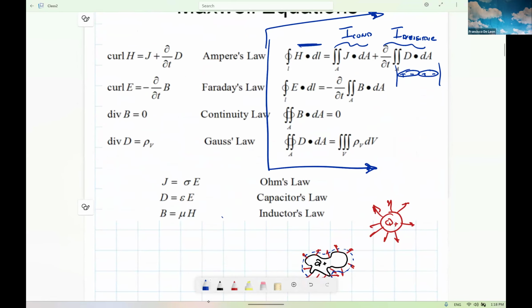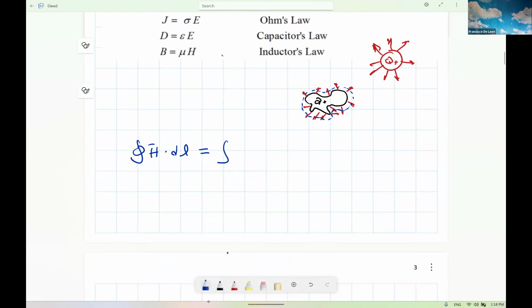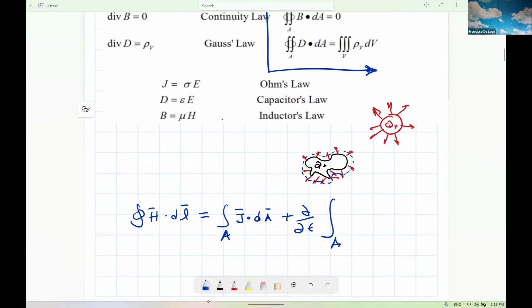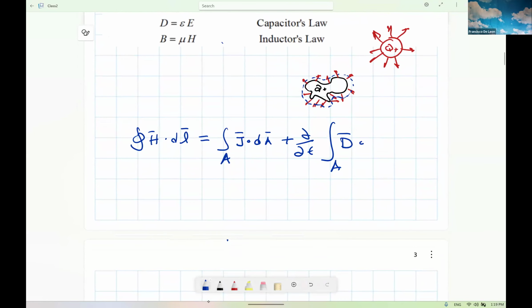Let me use the same area that I put there. The area integral of J dot dA, and so on, lots of vectors, plus the partial derivative with respect to time of the area integral of D dot dA.